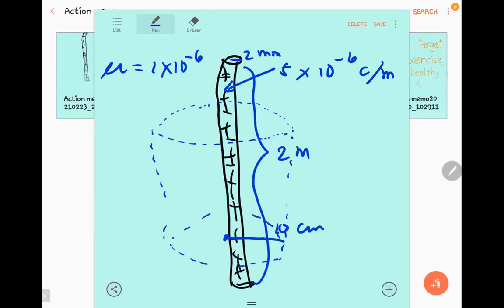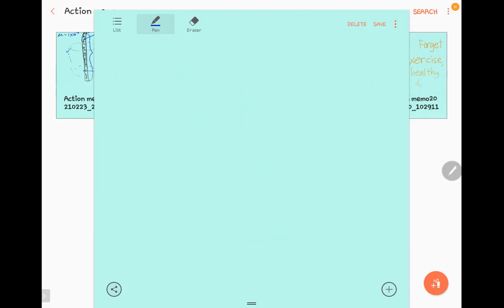So when we draw our problem, this is what it will look like. Okay? So this will be the wire, and this is the imaginary cylinder, and these are the parts and the values of each part. Okay? Now, let's solve for this one. Let's first get the charge.